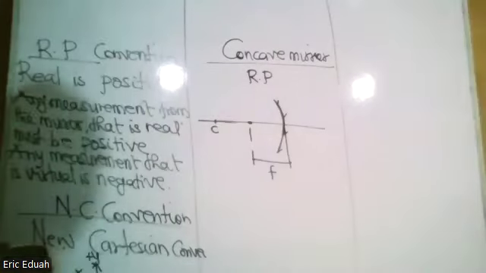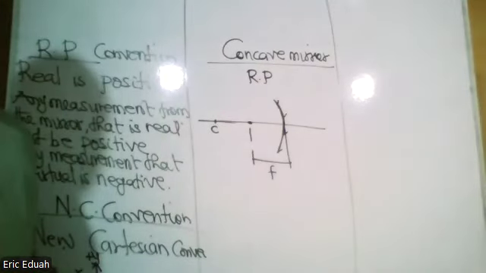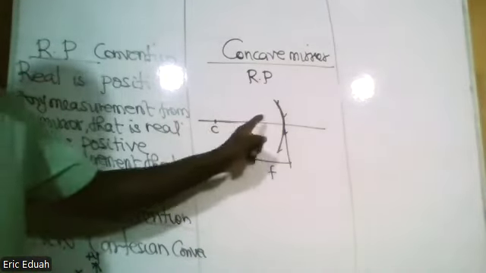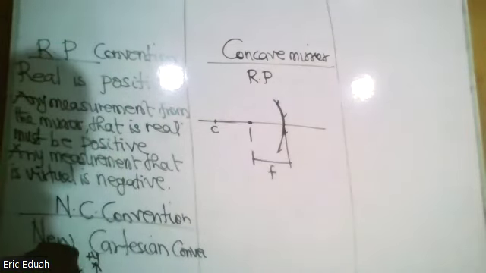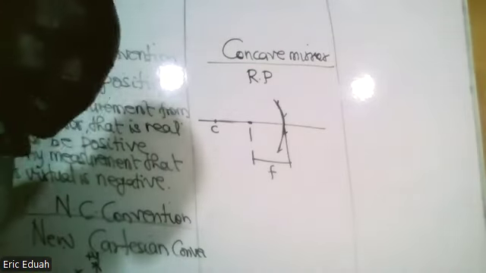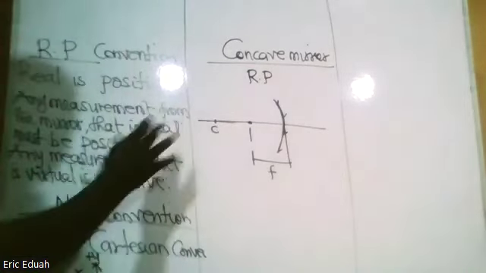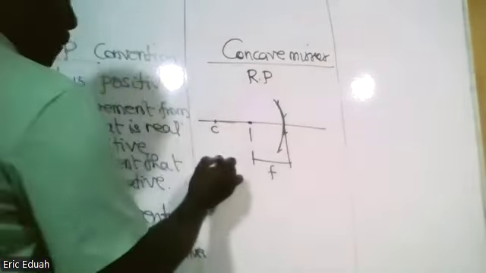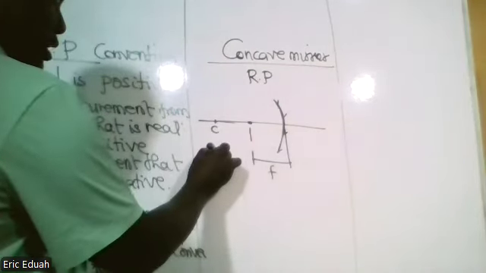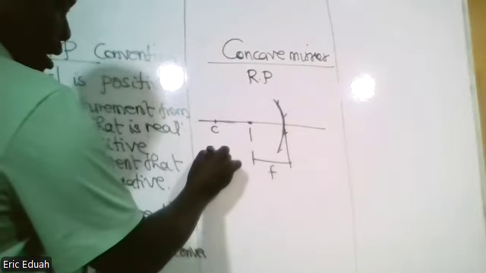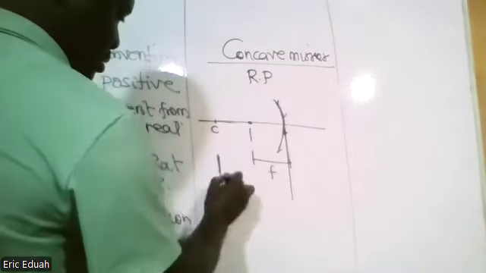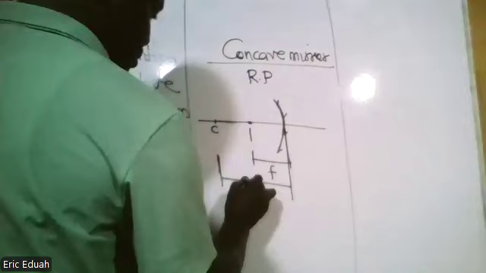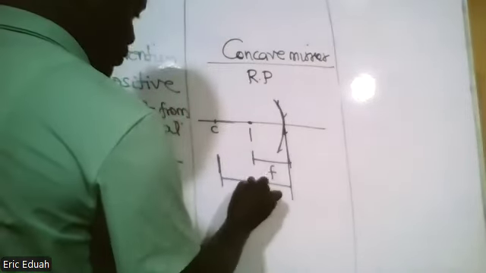It is also real because when rays hit the mirror perpendicularly or normally, irrespective of where the ray is coming from, they will all pass through this point. So C is also real. R is real.